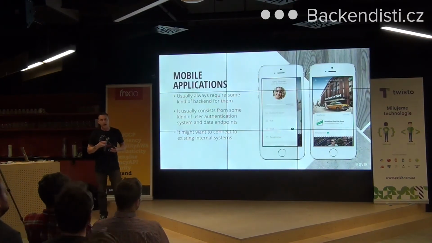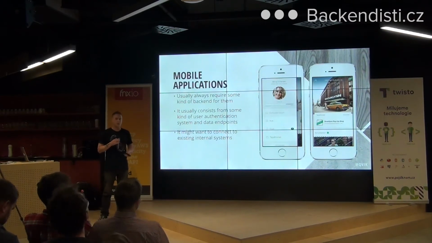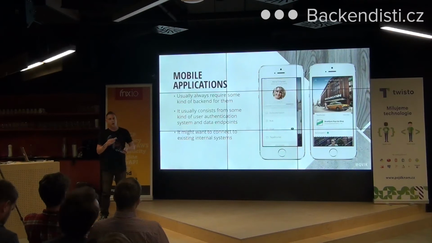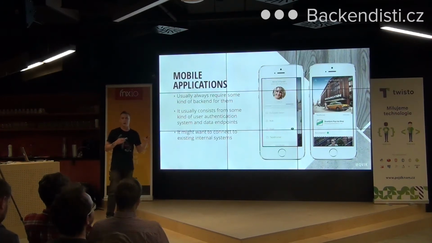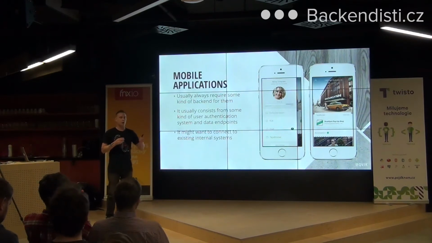Every mobile application these days usually requires some kind of a backend. It might be small, it might be large, and usually the backend requirements involve some kind of authentication mechanism, authentication systems, security layers, and sometimes the backends even communicate with external services like old ERP systems, CRM systems, etc., which you definitely don't want to expose to the open world and have used by your mobile clients.